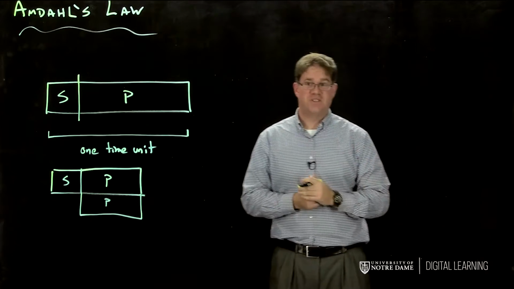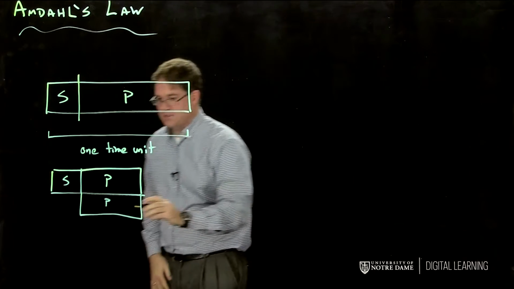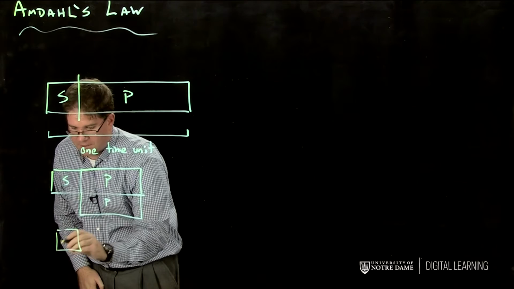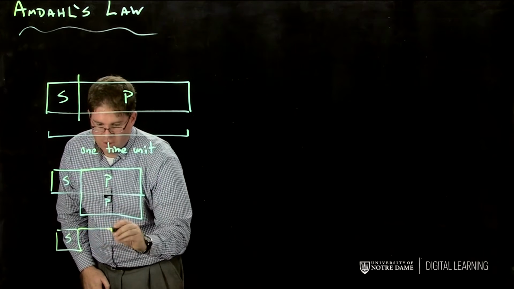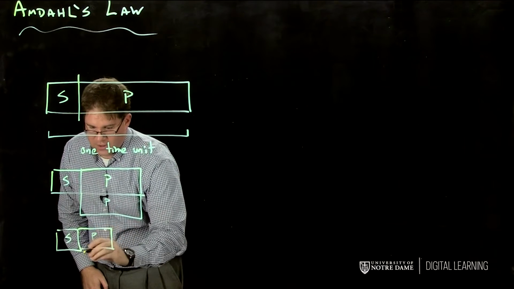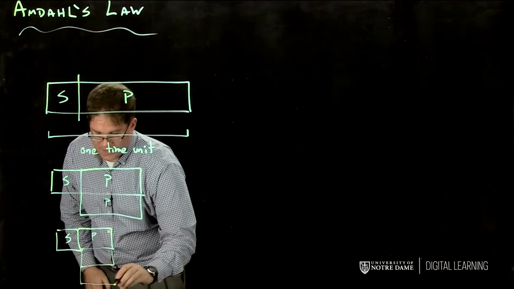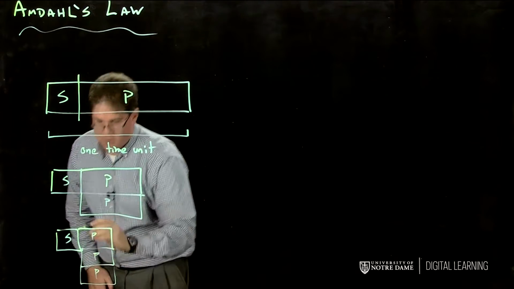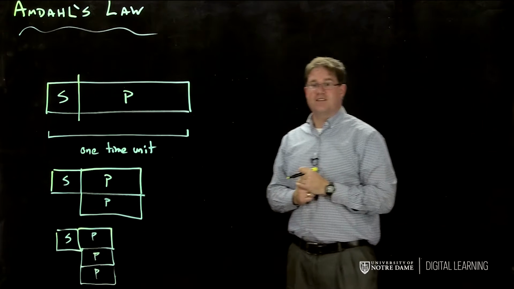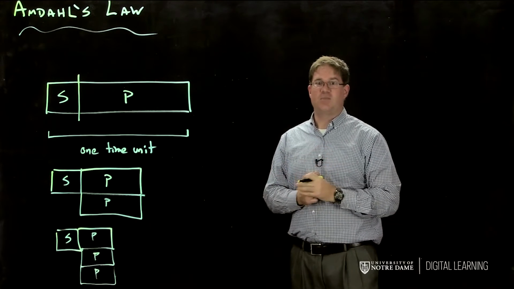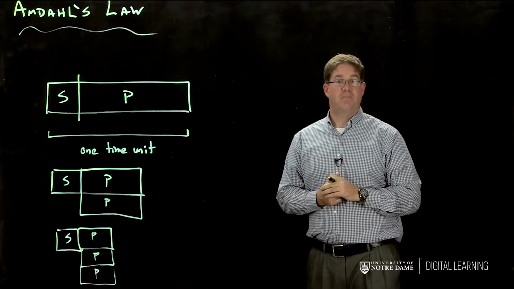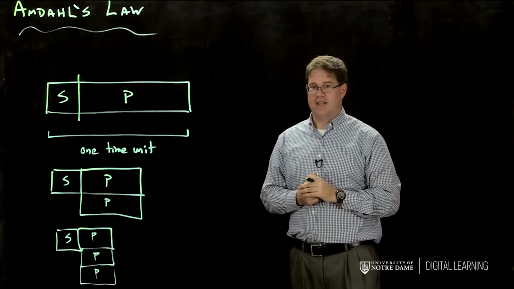If I go a step further and say, now let's run it on 3 processors, then I would have something like this. The sequential part followed by 1/3 of P, and each 1/3 of P runs simultaneously. And again, the whole thing runs faster, but as we divide it into smaller and smaller pieces, our benefit becomes less and less.